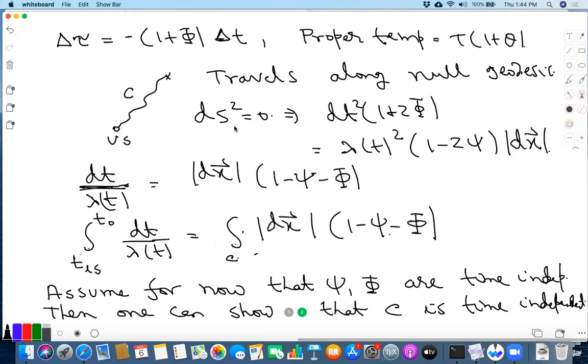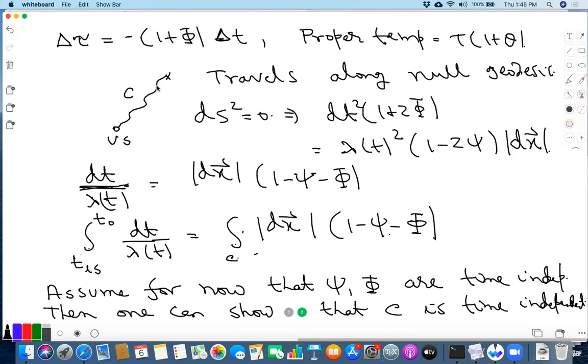So this equation doesn't determine the path uniquely, right? Because it's a geodesic equation. In the FRW metric, we had argued that this path is just a straight line in the spatial coordinates. Now, if psi and phi are not x independent, these can be zigzag. Nevertheless, what I am saying is that as long as these are time independent, one can argue that this path in the x space remains time independent.